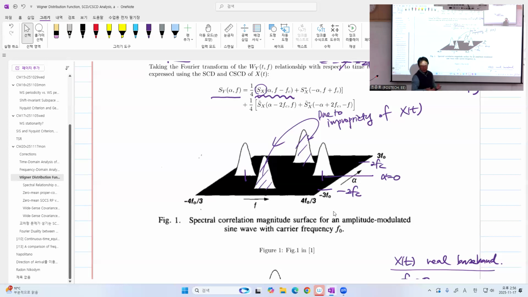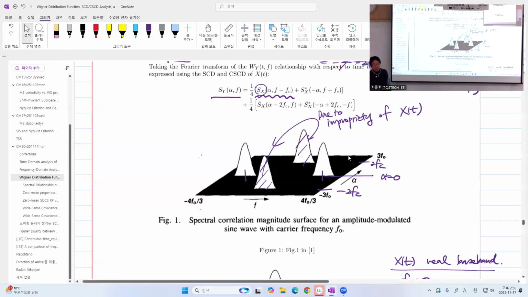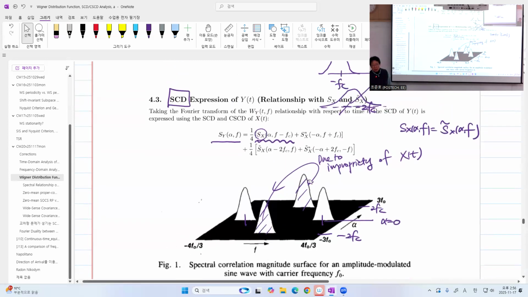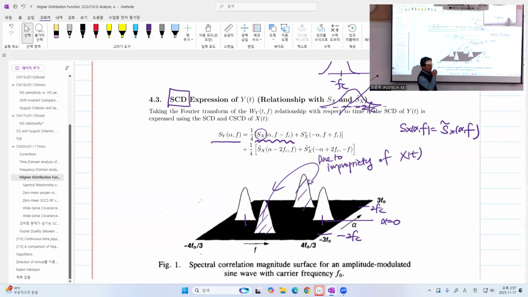However, we can still find the fundamental cycle frequency of the complex process, and sometimes we may know the center frequency of conversion.